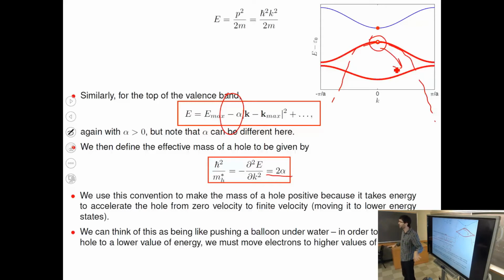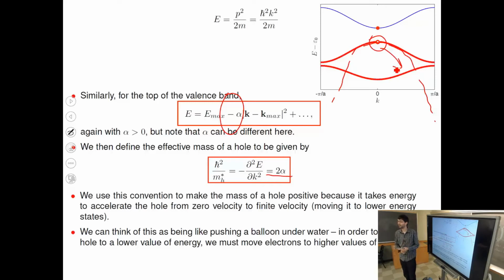The water, being the electrons around you, wants the balloon out. It wants to minimize its energy. So it wants the hole out. And so to have the energy of the hole go up as we go down in essentially this energy axis, we need to have this minus sign here.